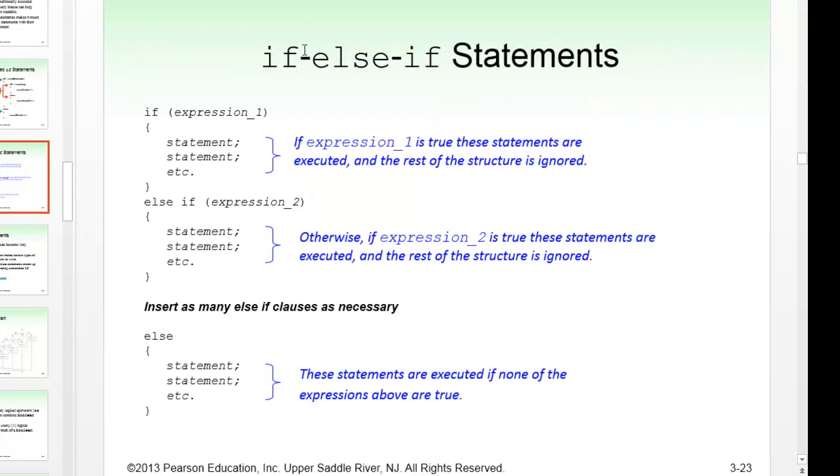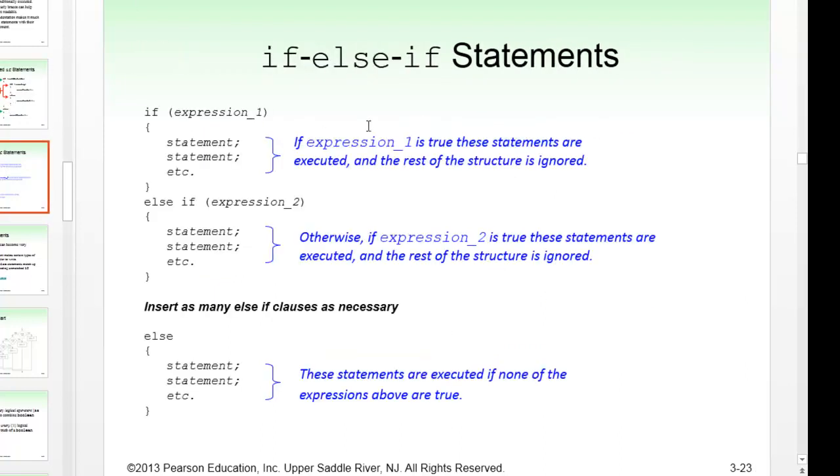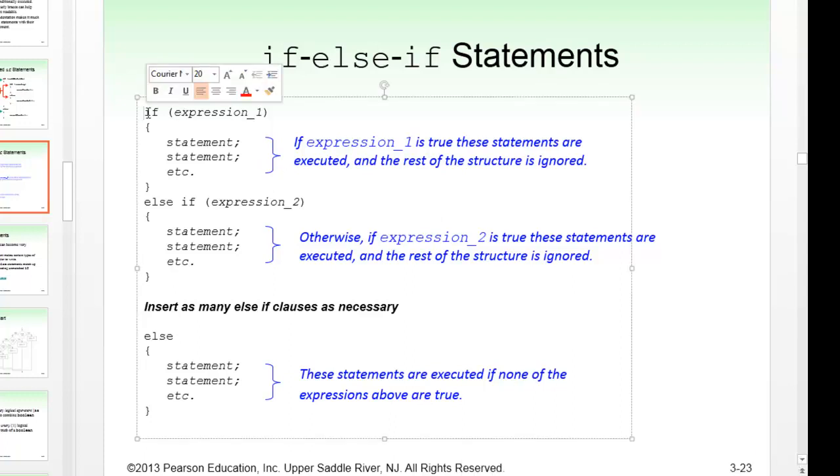And then we have another set of statements. Okay, so the if-else if statements are for the purpose of when we have more than just do it or don't do it.